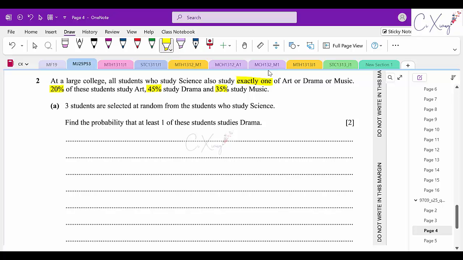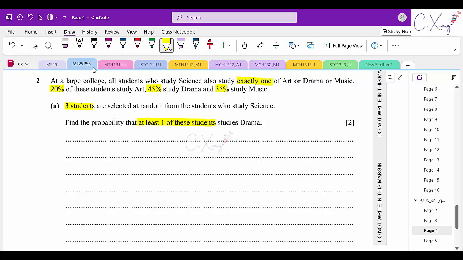If you look at the structure of the question, we have 3 students being selected, and we are interested in whether at least one of the students has something happen to them. Again, this structure belongs to the binomial distribution. For binomial and geometric distributions in the exam, they won't usually give you the keyword. You need to identify the structure and pattern of the question to know whether it belongs to binomial or geometric.